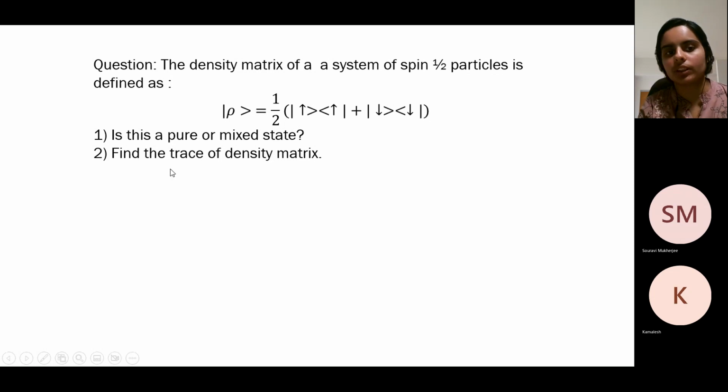If you expand this, what would be your trace, and how will your density matrix look if you write it in a matrix form? Try to write it in terms of the product of the matrices as we had done in the last example.